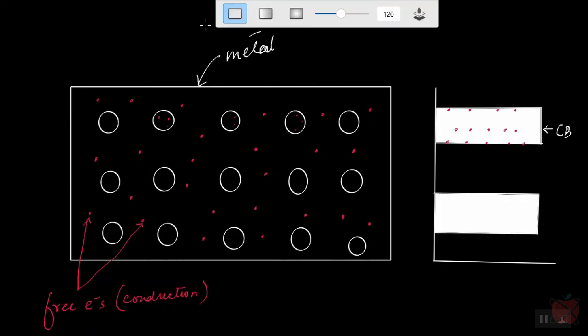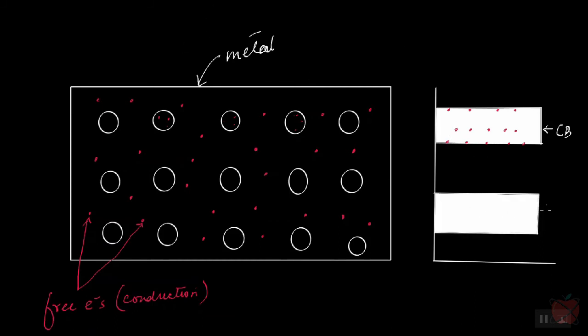Something like this. All right. So this range of energy occupied by those electrons which are still trapped inside of the atoms of the metal is called the valence band.